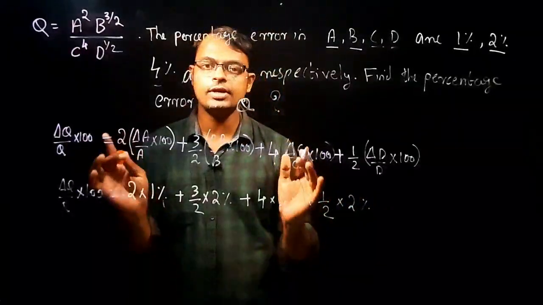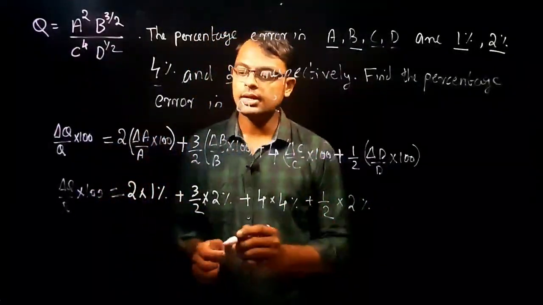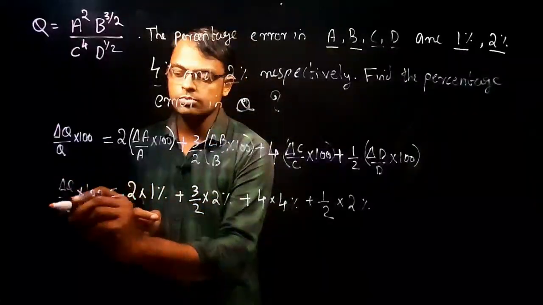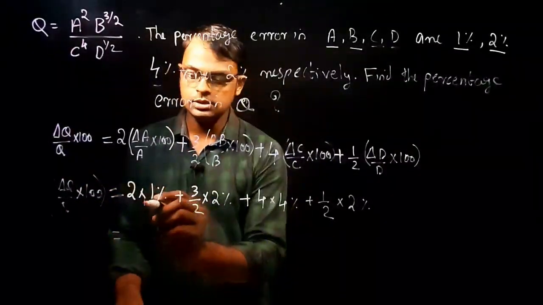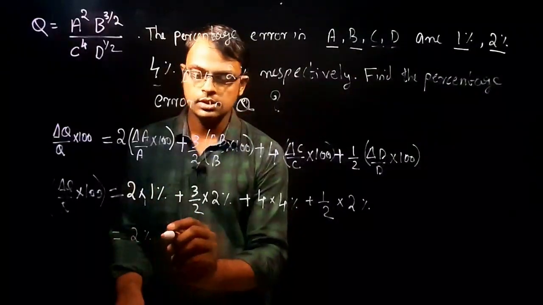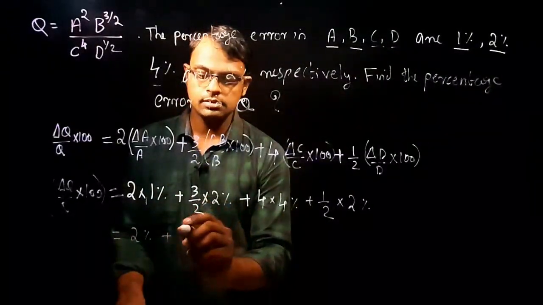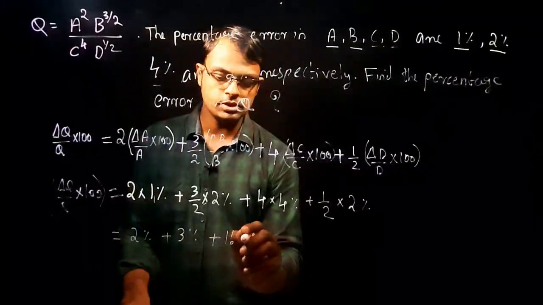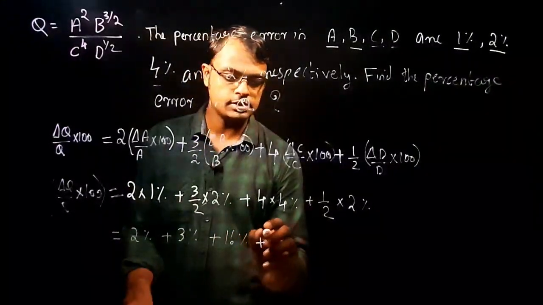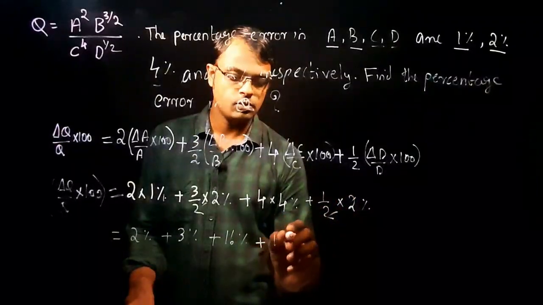So what is the effective or the total percentage error in the measurement of delta Q by Q? Can be written as, this is 2 into 1, 2%, plus 2 cancel, 3%, plus 4 into 4, 16%, plus 2 cancel, that is 1%.